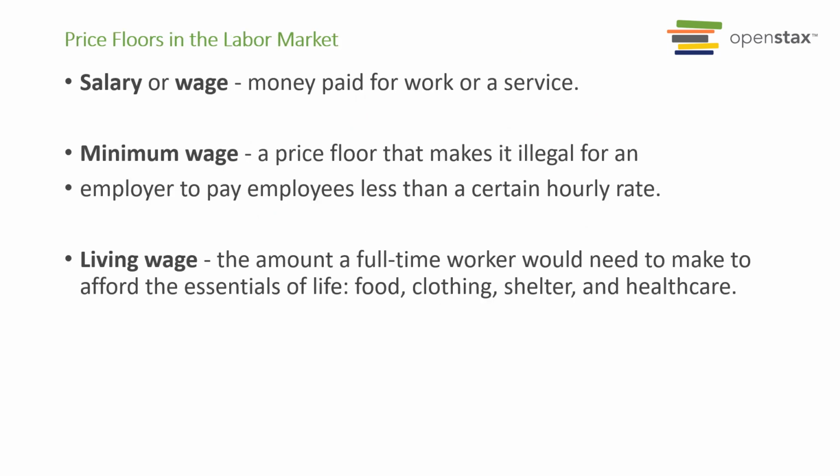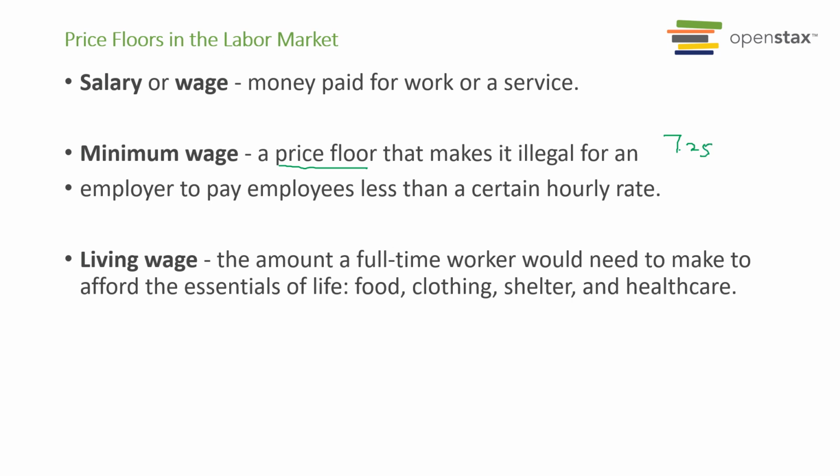Okay. All right. So next, know what a minimum wage is. Minimum wage is the price floor that employees must be paid. This is the minimum price the company can pay somebody for the service. For our country right now, the US, the federal minimum wage is $7.25 per hour. And it depends on where you are.